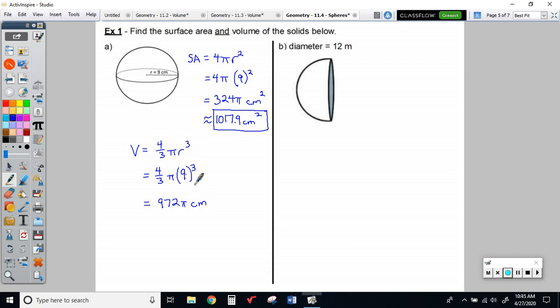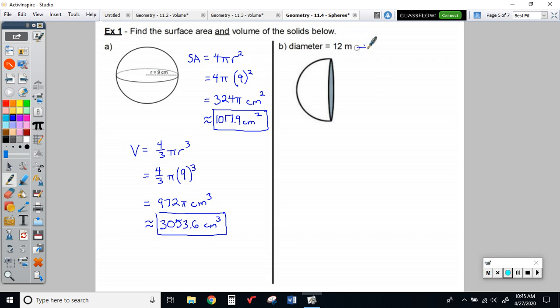We're cubing centimeters here, so we're getting centimeters cubed for that. That is approximately 3053.6 centimeters cubed to the nearest tenth.